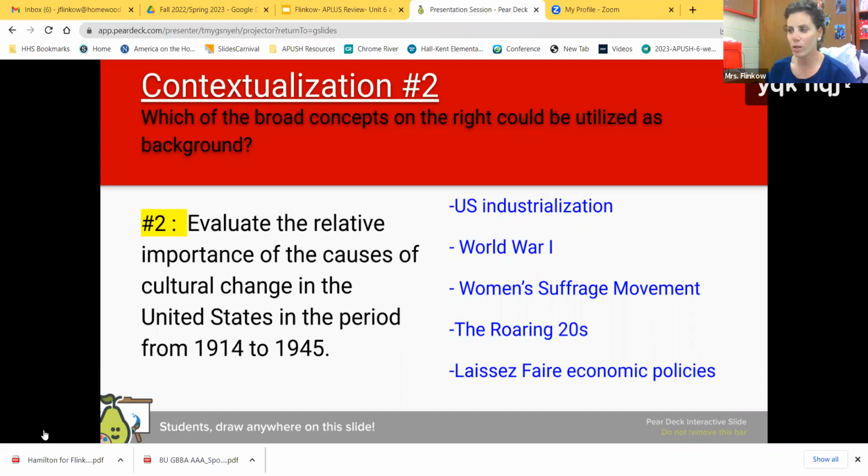All right, so if we're looking at these, all of these could be used except for the last one, okay? The laissez-faire economic policy.